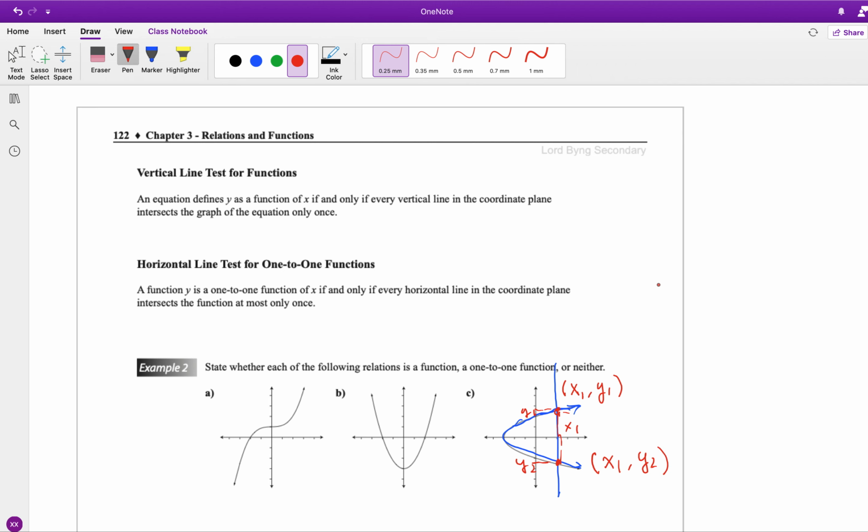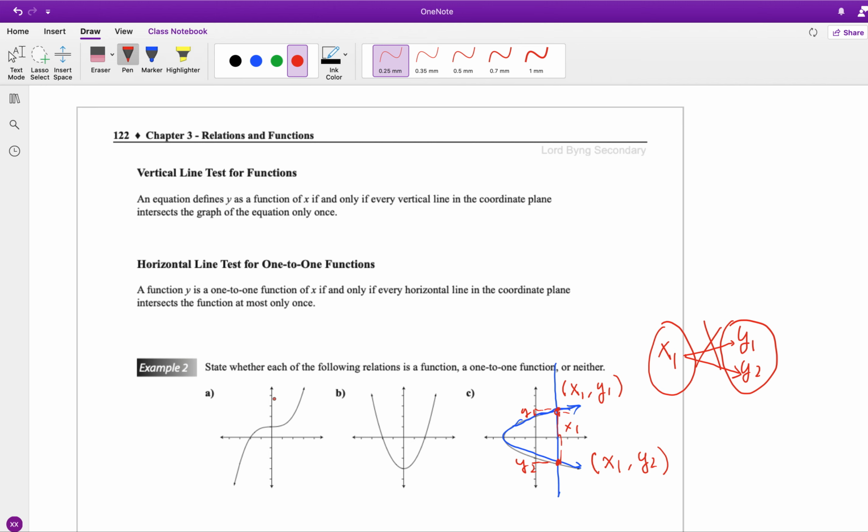So what does that mean? That means in this domain, you have an x value, which is x1, and in this range, you have a y1 and a y2. So the same x value now produced two y values. Therefore, this is not a function. If a vertical line hits 2 points on your graph, then this is not a function.